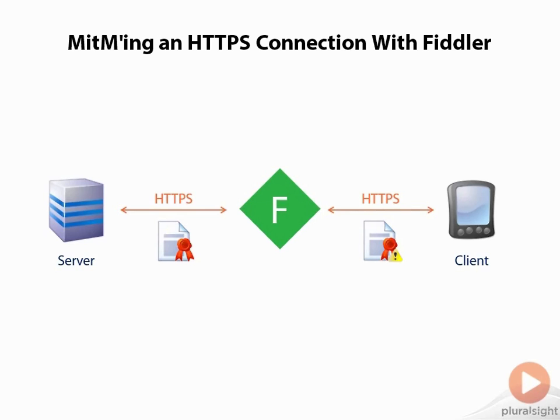If we can compromise that client, then we can get it to trust Fiddler's certificate, and any certificate validation that's done on the client will be successful, and we can use Fiddler to watch all the communication going backwards and forwards. That's the basic premise of what we're going to do in this module. So let's now move on, and I want to show you exactly how to set that up in Fiddler right from scratch.